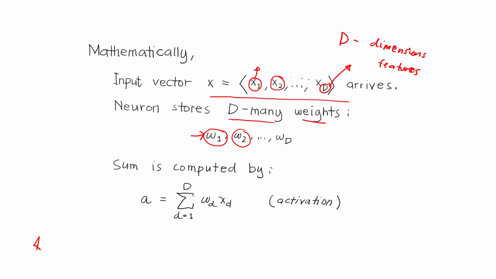There will be a feature that will heavily influence the decision. And there are also other features that we don't really care about, so they wouldn't influence our decision. So these weights here are the level of influence of that specific feature.